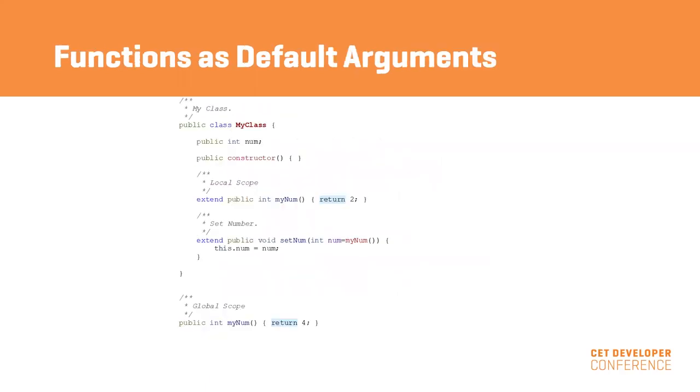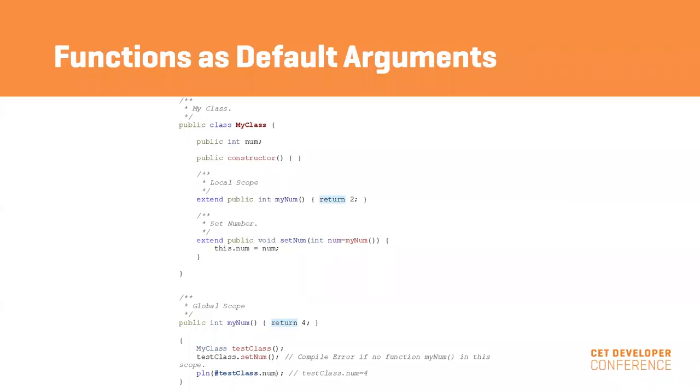Okay, and then this is kind of similar to what I was talking about with the second private example, where I had a private as my default argument. So functions as default arguments, I guess you would think that if you make a default argument with my num, that it would be 2, but it actually respects the caller scope, not your class scope.